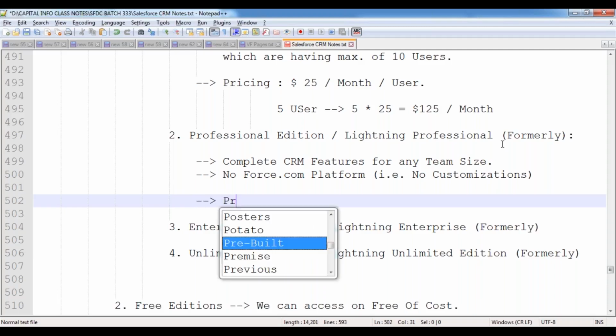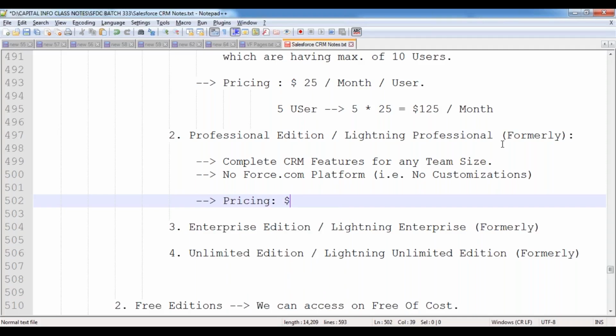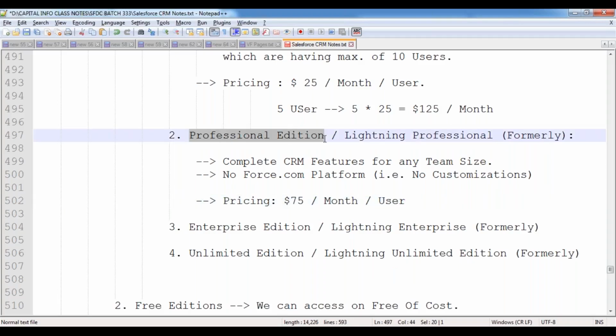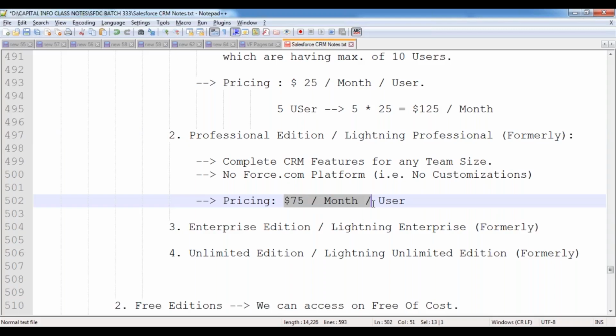So how much are they charging here? Salesforce is charging $75 per month per user license. That means each and every professional edition license costs $75 per month per user.